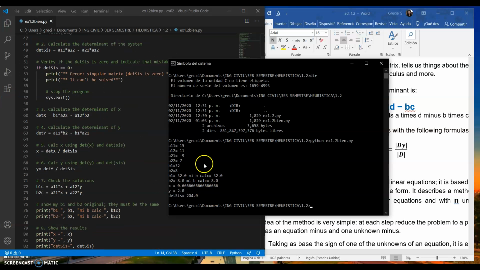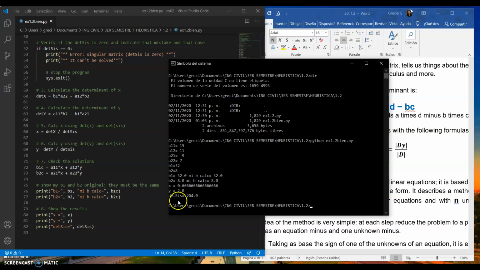Here it calculates the values of B1 and B2 just to verify, and they are the same in both equations. Then we calculate the value of X, that is 0.6666, and the value of Y, that is 2, and the determinant of the system, that is 204.